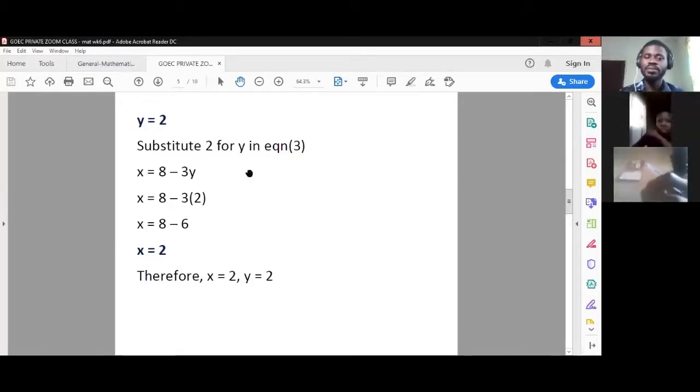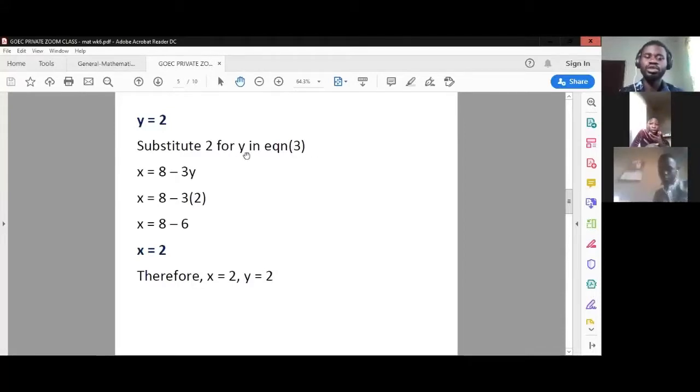Then step 6, substitute it into the new equation. There's only one new equation that we have, and that was equation 3. So you substitute it into the new equation, because equation 1 and equation 2 were given to us by the question, but the new equation that we formed was equation 3.